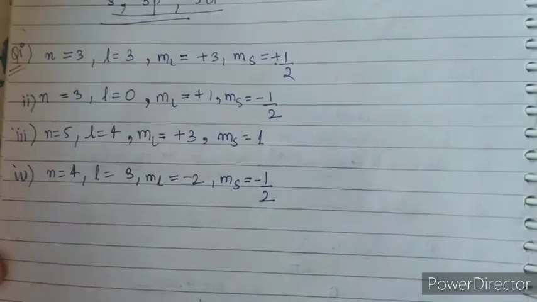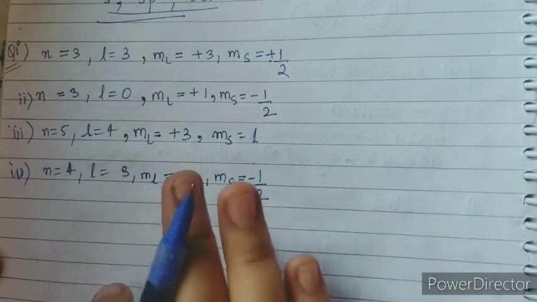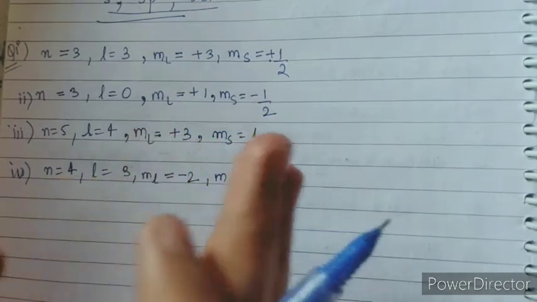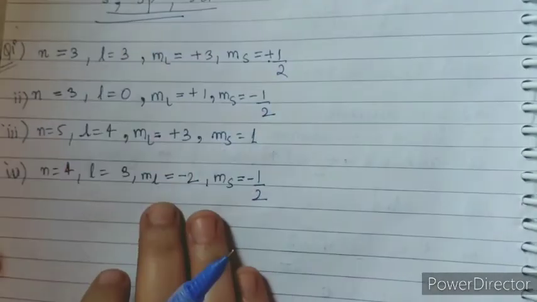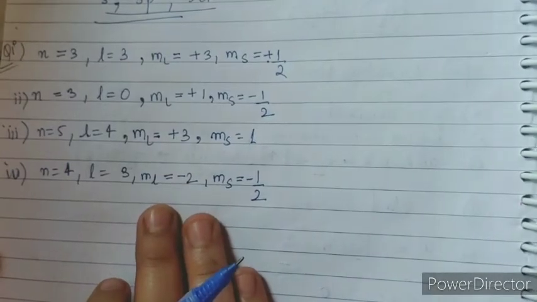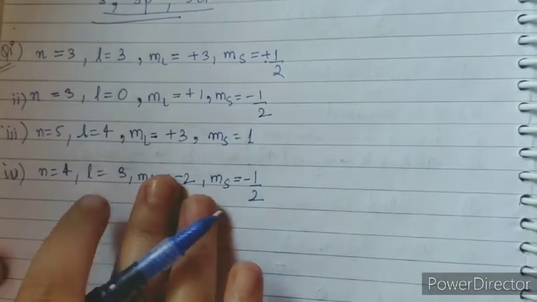The last question is, state which of the following sets of quantum numbers would be possible and which would not be possible for an electron in an atom. These are four conditions and we have to state which is possible or not.